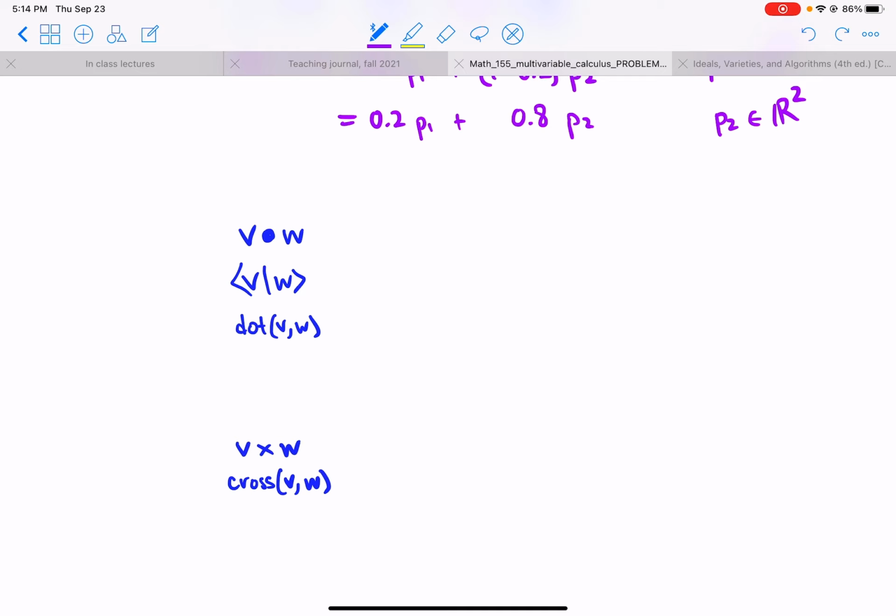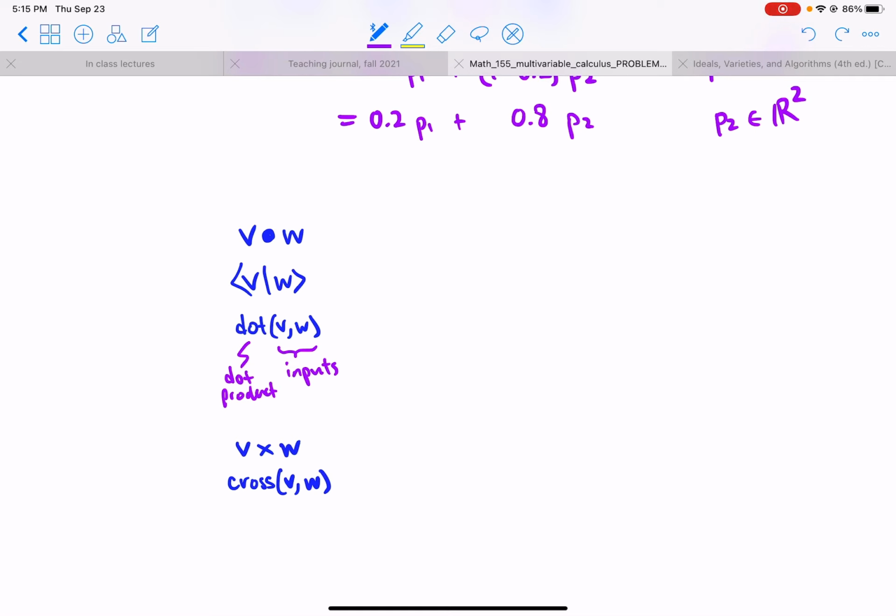Last couple things. Here parentheses occur again, and this time, like in a computer, they're holding the inputs. So these are inputs to the function, which is the dot product function. And the dot product needs two vectors. In particular, these are all ways to write dot product.